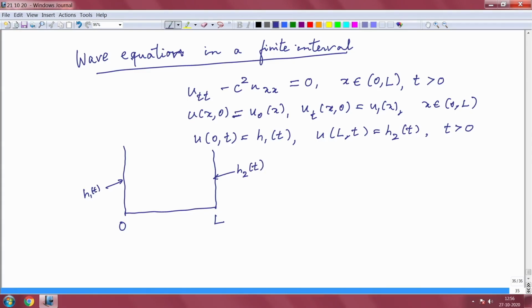Generally, such problems are approached by Fourier method, which is same as separation of variables. So, you seek a solution in the form of separation of variables, and then manipulate and then try to get the Fourier series expansion.